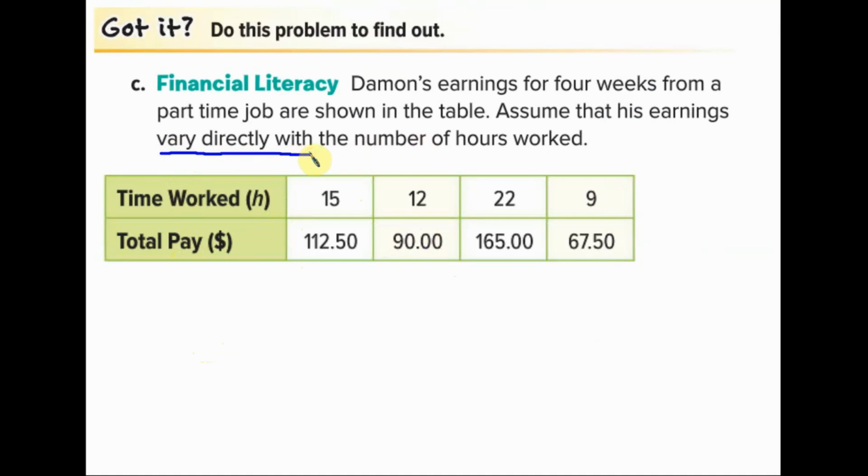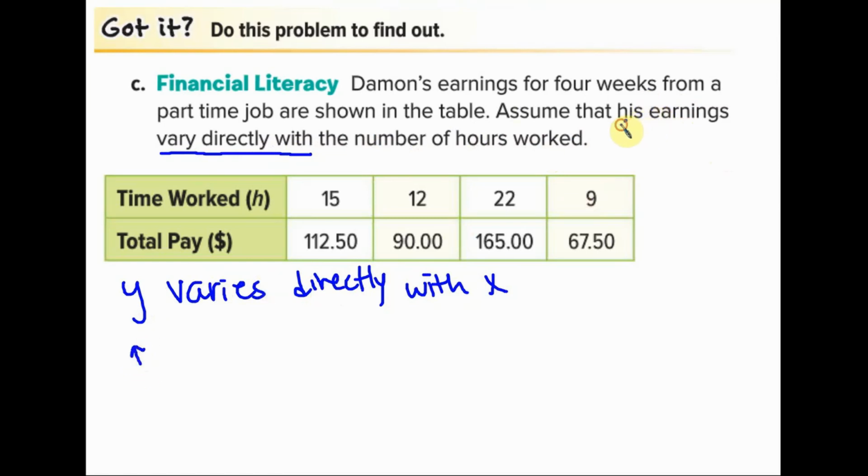So in this case, they're saying that his earnings vary directly with the number of hours he worked. If you remember, the Y varies directly with X, where Y, in this case, is represented by his earnings, so the money in here. And then if the Y is representing the money, the other one obviously has to be the time.